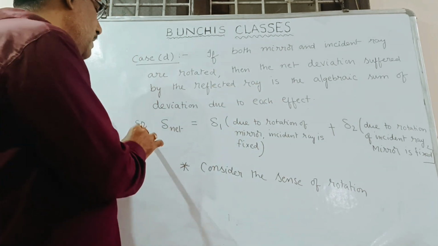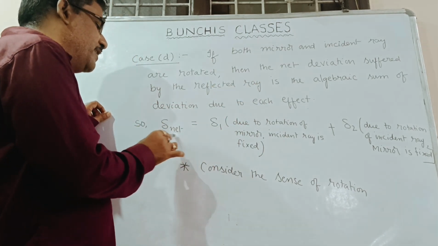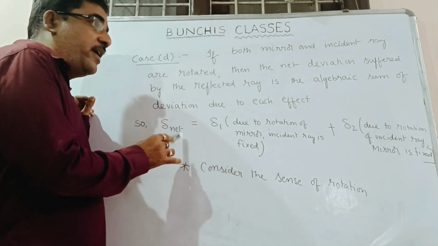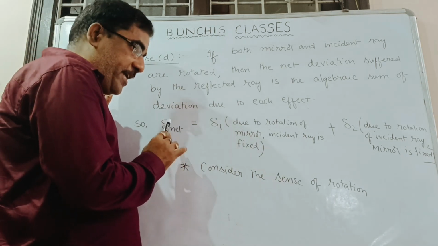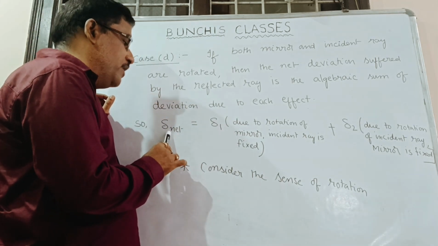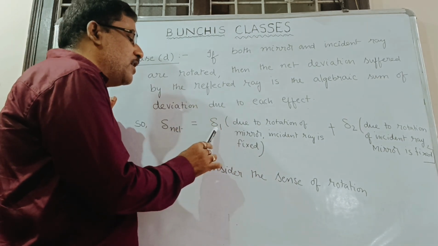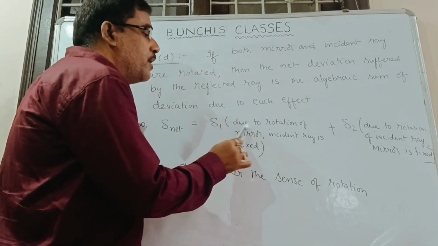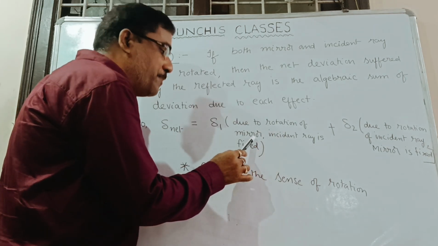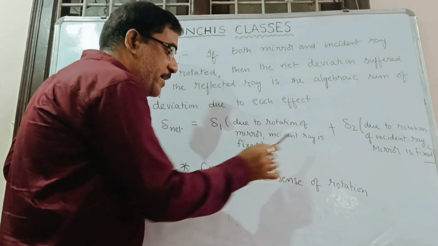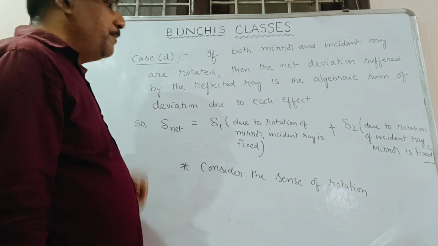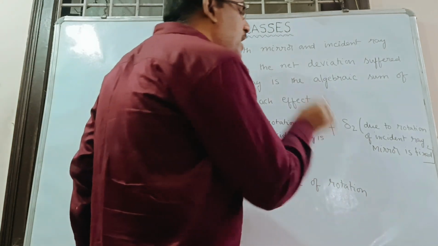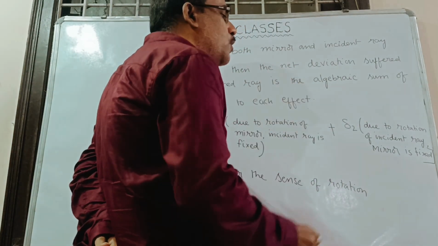So here, what is the net deviation of the reflected ray? That is nothing but delta net. Net deviation is equal to delta 1 plus delta 2. What is delta 1? This is the deviation due to rotation of the mirror keeping the incident ray fixed. What is delta 2?